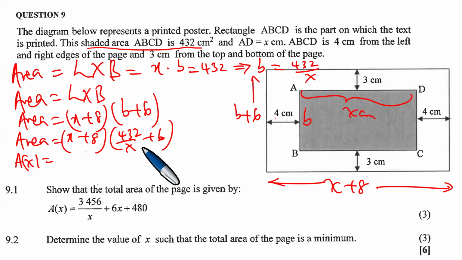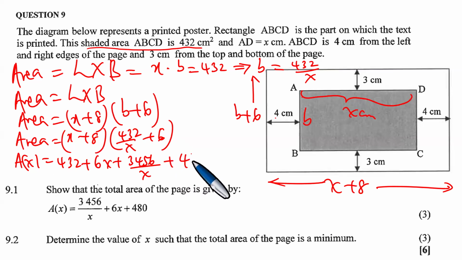We open by distribution, multiplying x by 432, which is 432, plus x by 6, which is 6x, plus 8 by 432, then it is 3456 divided by x, then 8 by 6 is exactly 48.